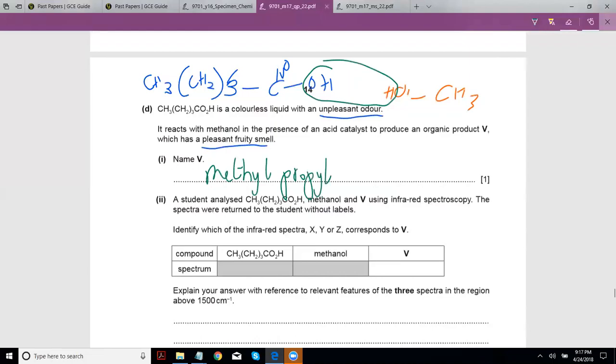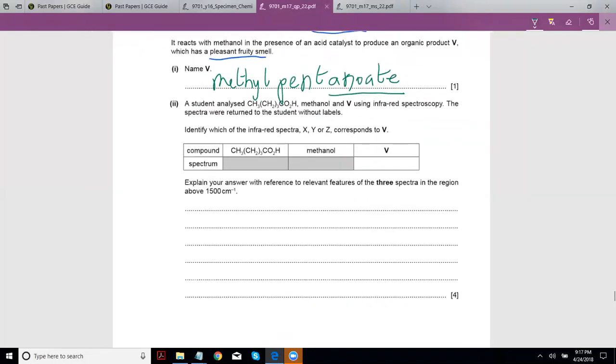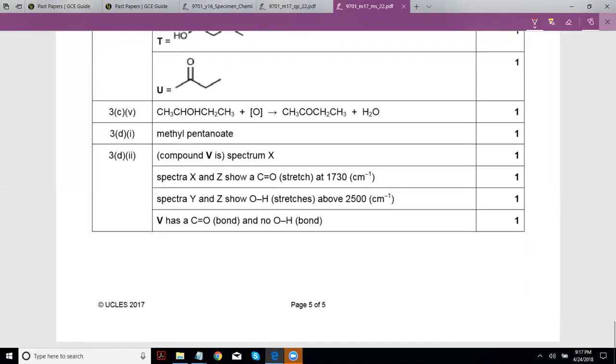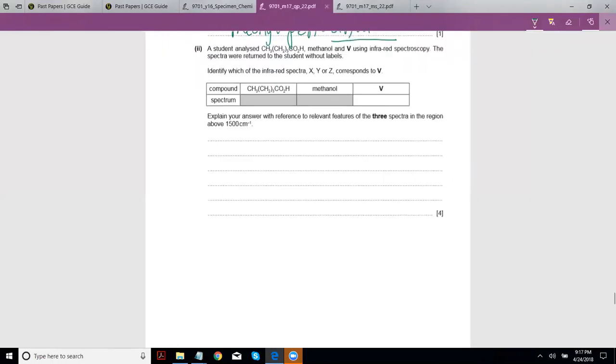Oh no, not propyl, pentanoate, my bad. The ester part is pentanoate. I've completely forgotten my naming, which is bad because I should know naming. Naming comes up in A2, and I'm just doing CC marks.